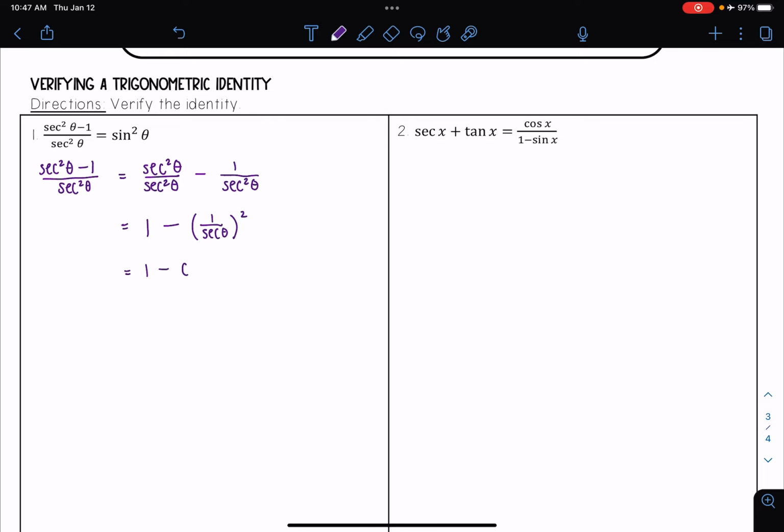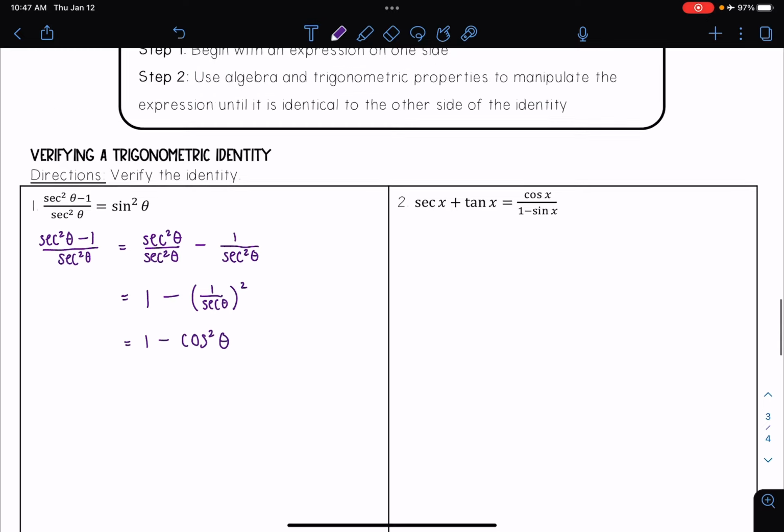So I get 1 minus cosine squared of theta. Well, if we go back up to our identities, I think we already have this solved from an earlier problem. We see that 1 minus cosine squared of theta is equal to sine squared of theta, and that is exactly what we were trying to prove.